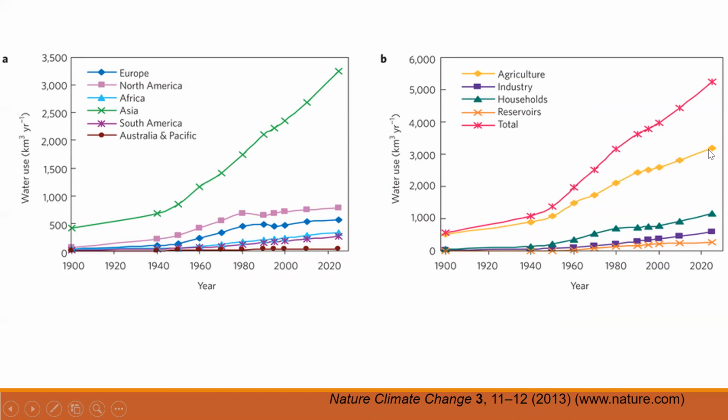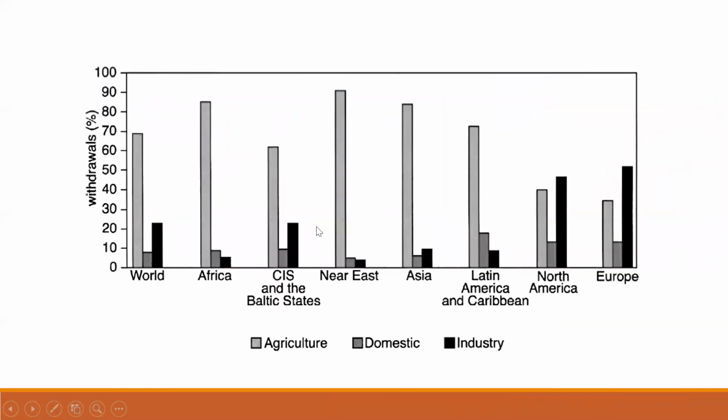And then here is where different places on the globe are using a lot of water. Okay, and then again here we're able to see who's using what kind of water, right? So across the world, again, most of it going to agriculture, and that trend will hold, but you notice it's actually not the trend in North America and Europe, where industry is slightly surpassing agriculture.